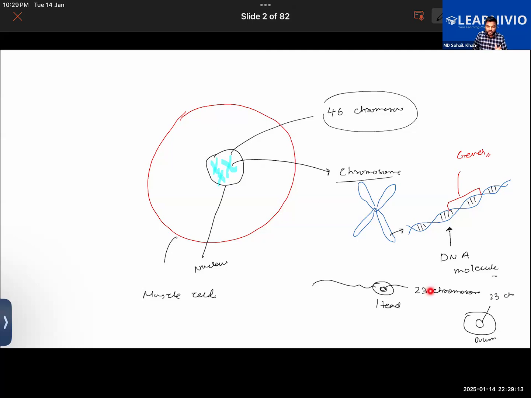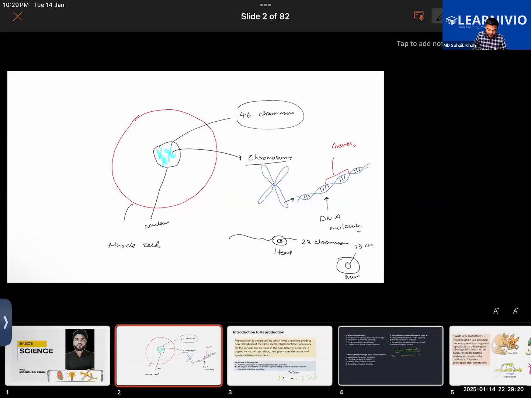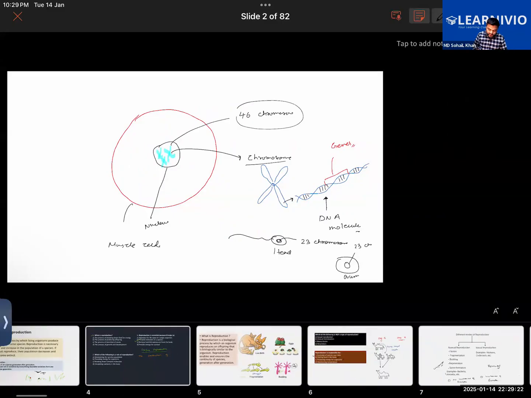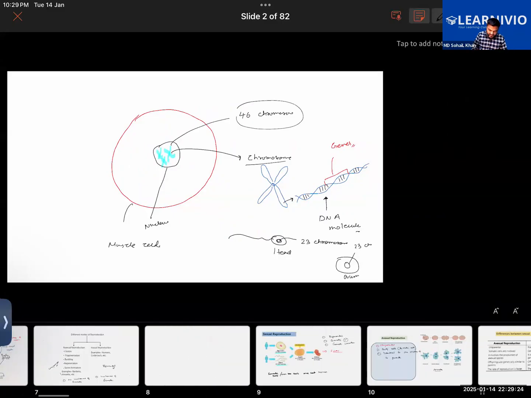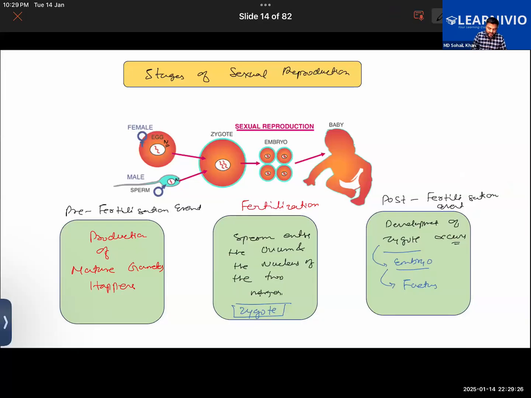So 23 chromosomes are from the male parent and 23 from the female parent. During the process of fertilization, these chromosomes recombine, and thereby they are restored to 46 chromosomes. Getting it or not? So you guys tell me, will the zygote have 46 or 23 chromosomes?